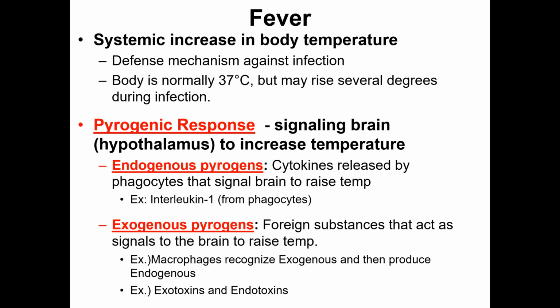And they start making too much interleukin-1. And that's when you start getting those critical fevers, those 105, 106, 107 and up. So often, if you get a particularly high fever, it's because of exogenous pyrogens. Your immune system is just freaking out over how bad something in your body is. If it's a more typical fever, it's probably endogenous pyrogens. It's just your own interleukin-1 doing what it normally does.